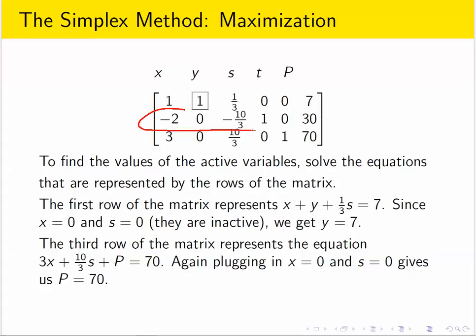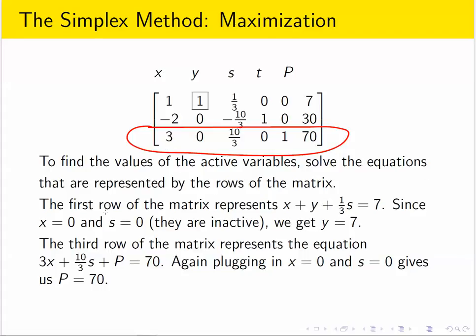If we used the second row, we would end up being able to evaluate the value of t, but I'm going to skip right over that because I'm really interested in just x and y and p. I already know x and y. We can get p from the last equation, coming from the last row.